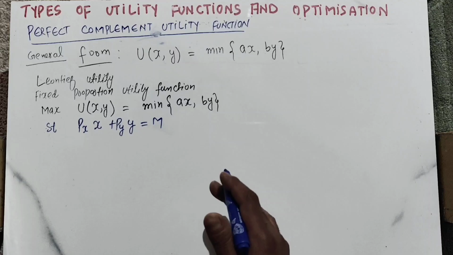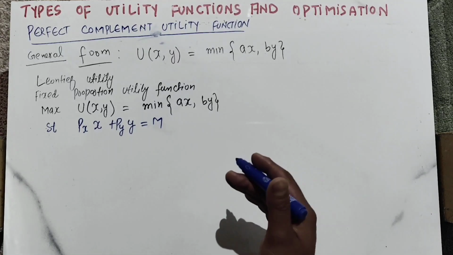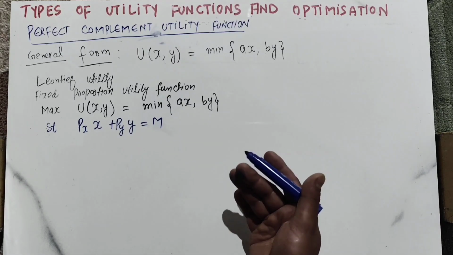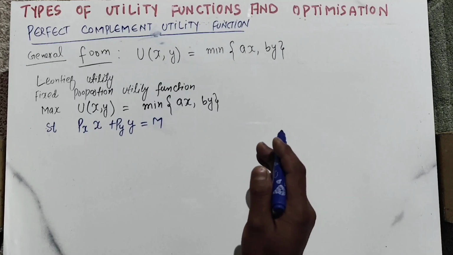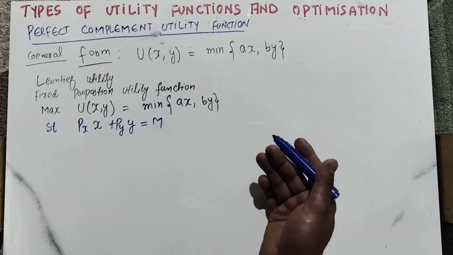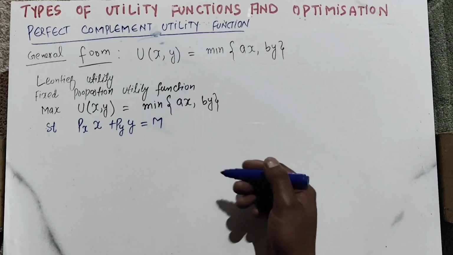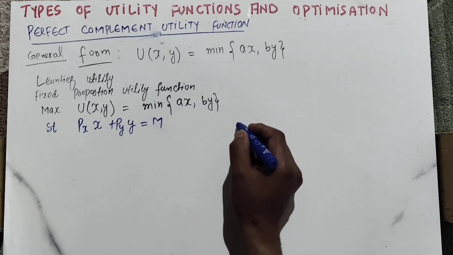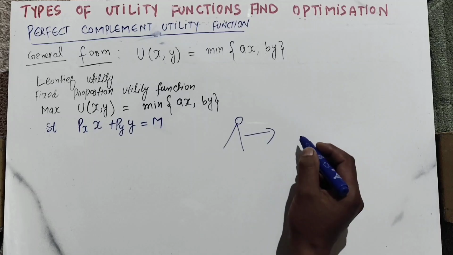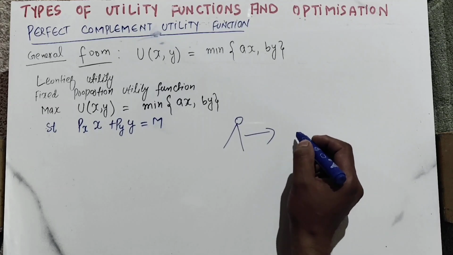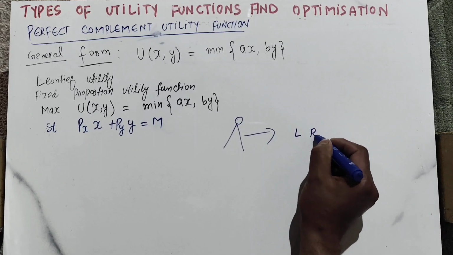We are talking about a healthy person who has two legs. Obviously we are not taking the case of the specially abled person, so we are taking the general case where a person has two legs. So when he goes to the shop, he purchases a pair of shoes, left shoe and right shoe.